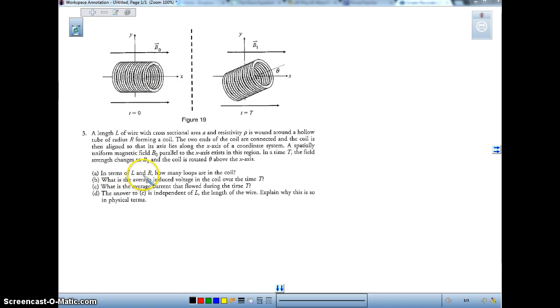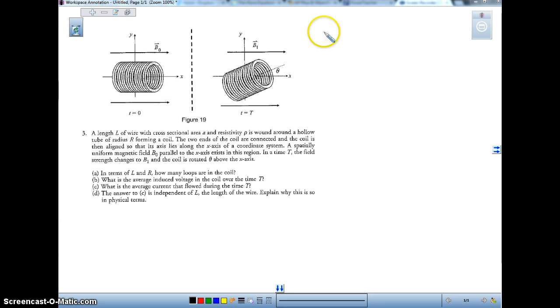It says in terms of R and L, how many loops are in the coil of wire? Well, L is the length of the wire, and R is the radius as defined right here. So what we can do is talk about a relationship between the coil of wire and the length. Notice that this is basically just a stack of single loops, right?